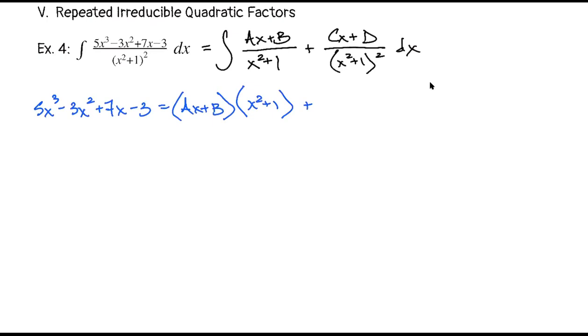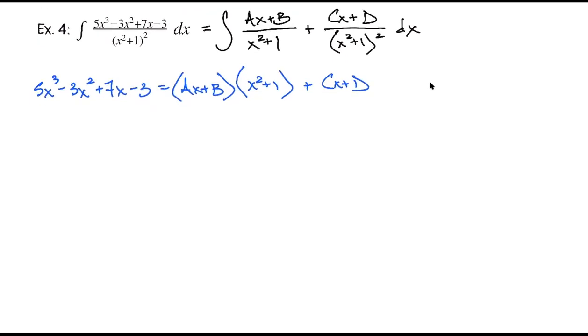But what's really nice about this particular problem, I don't have to multiply that cx plus d by anything. I mean, really, I'm multiplying it by 1, but it already has the same denominator as the other side. Okay. Any questions about this setup right here?